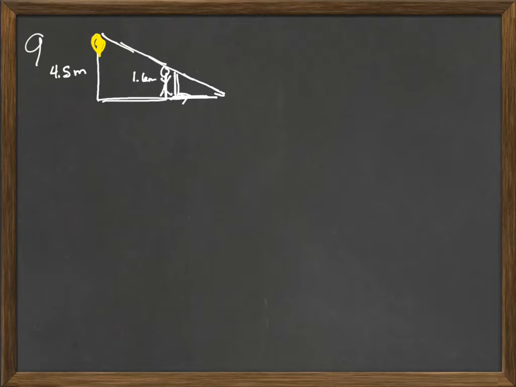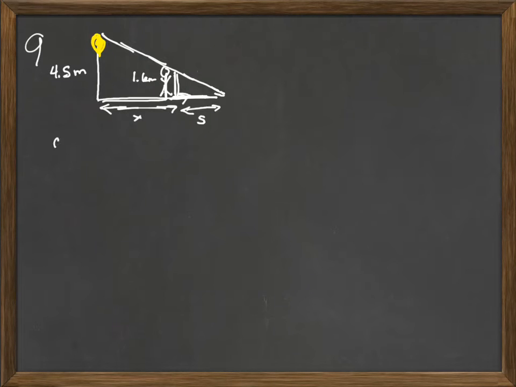And let's call the distance that he's moving away, this distance, x, and the distance of how long his shadow is, s. And the question says, at what rate is the length of his shadow increasing? But first, it said he's moving away from it at a rate of 1.2 meters per second.